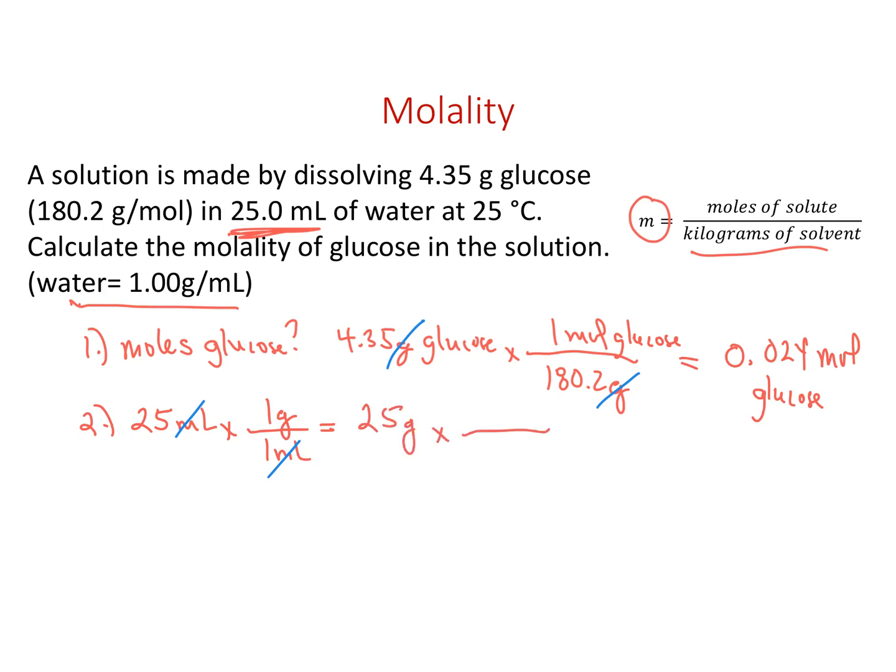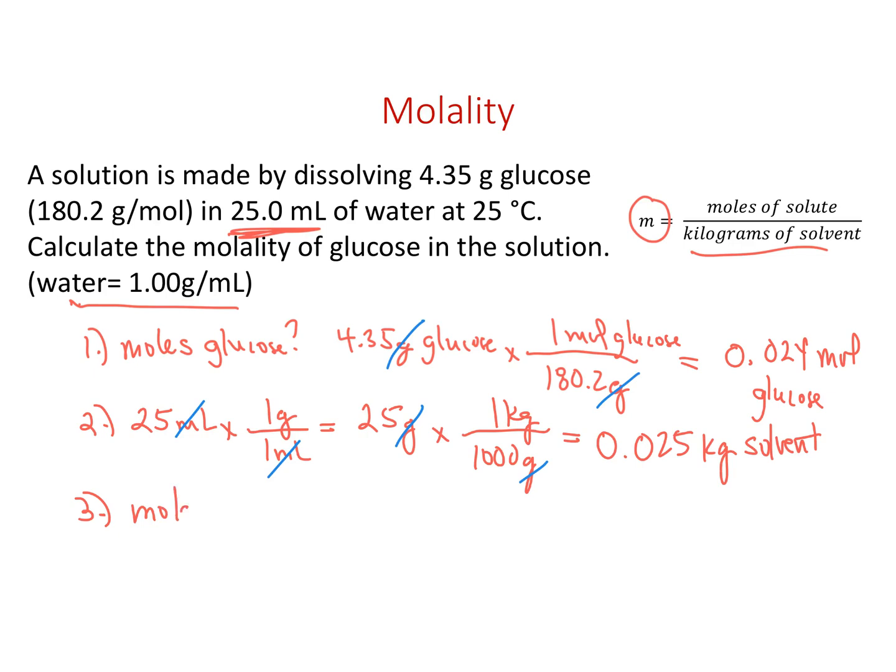One more unit conversion, I know I have 1,000 grams in 1 kilogram. And again, my grams will cancel out, and I'm left with approximately 0.025 kilograms of solvent.